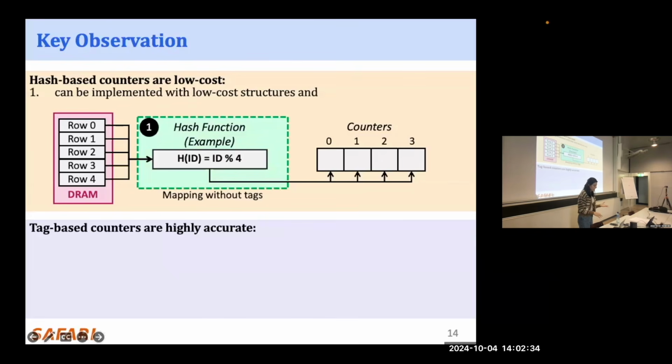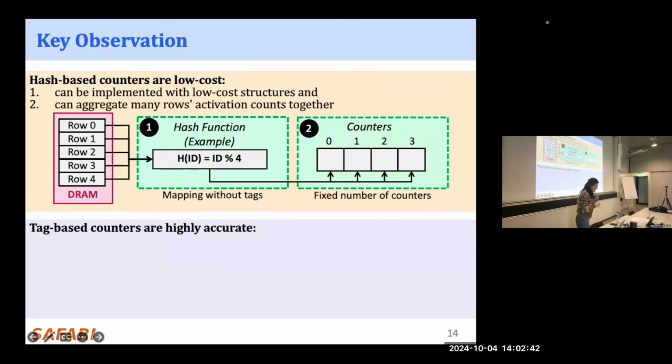Since we are using hash functions, hash-based counters can be implemented with low-cost structures because they can do the mapping without using tags. And also, they can aggregate many rows' activation counts together because we are basically representing this information with a fixed number of counters. So these two things make hash-based counters low cost.